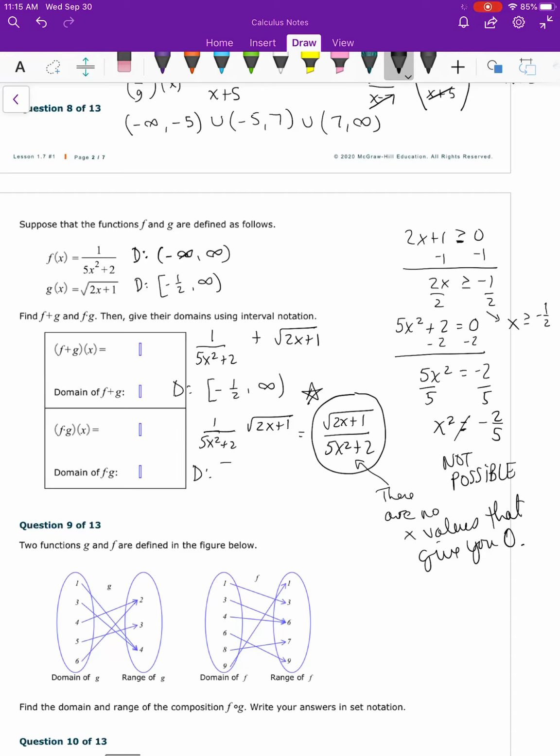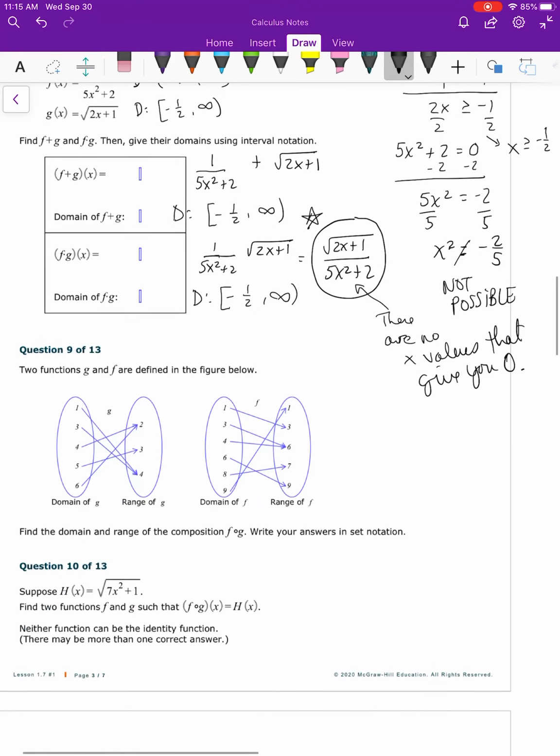So your domain for this one is going to be negative 1/2 to infinity. You can have 0 in the numerator. If this square root of 2x plus 1 would have been in the denominator, then, actually, yeah, because it was times. It wasn't division. So anyway, that's your answer.